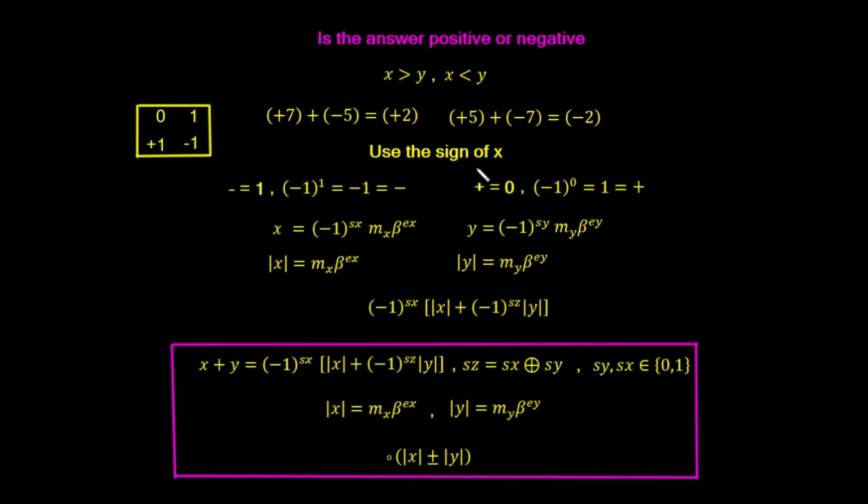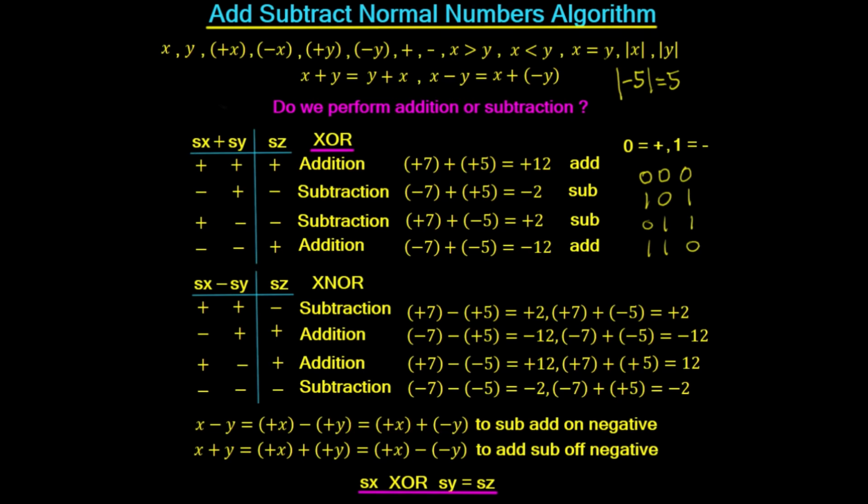So let's have a little look at the previous page, and you can see here that in order to get the correct answer, that is the correct sign, if we look at the sign of the answer here it is positive, the sign of x is positive. The sign of the answer is negative, the sign of x is negative.